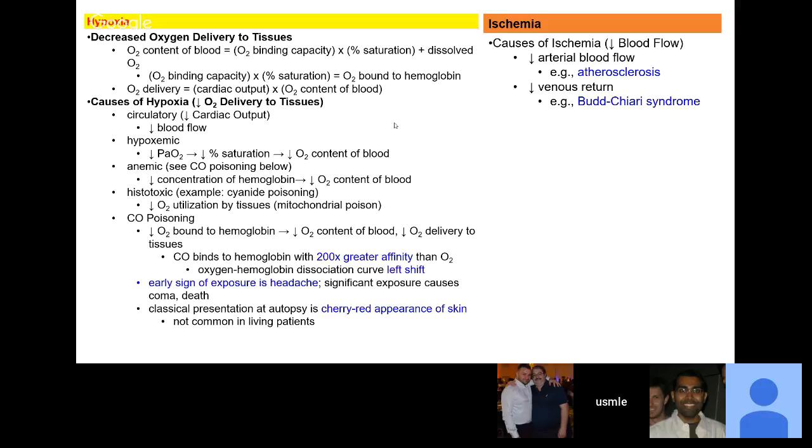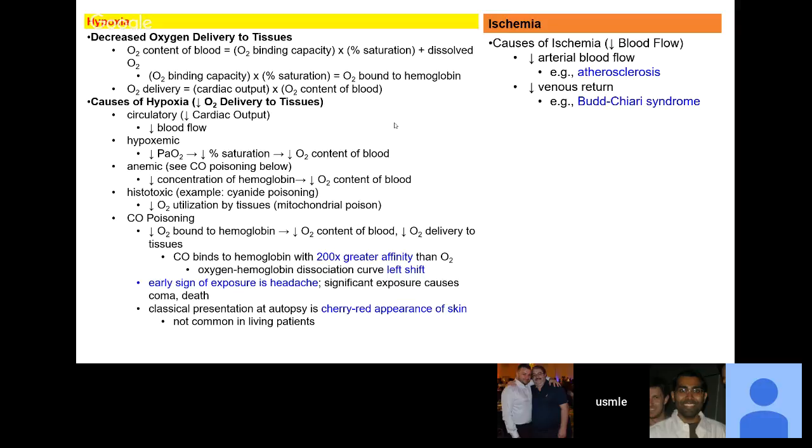Or how you're going to calculate the oxygen bound to hemoglobin is the oxygen binding capacity multiplied by the percent of saturation, and you're going to have oxygen bound to hemoglobin. And the delivery itself has to do with cardiac output. So it's going to be cardiac output multiplied by the oxygen content of blood. And once again, we need to know them.